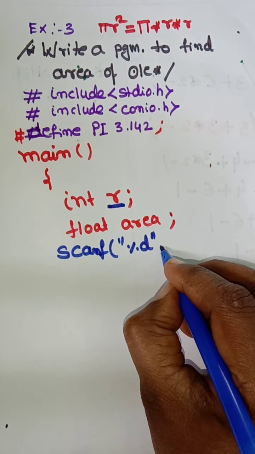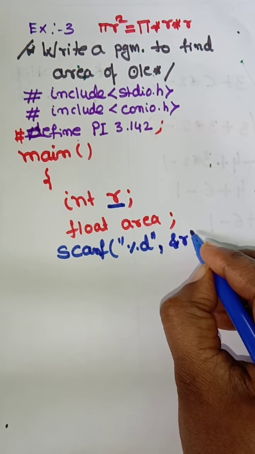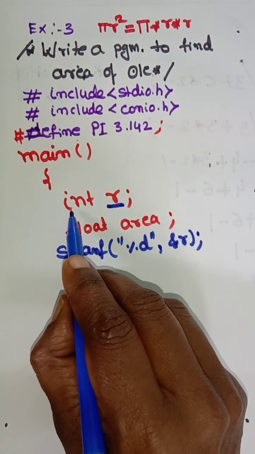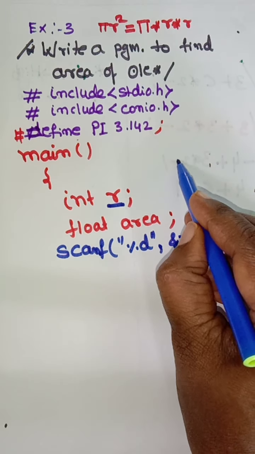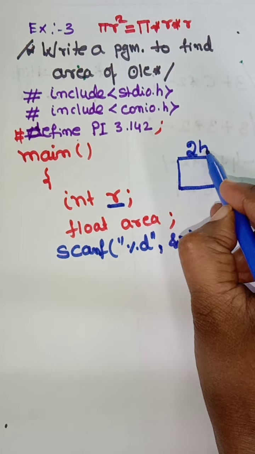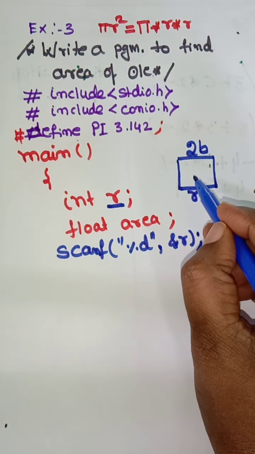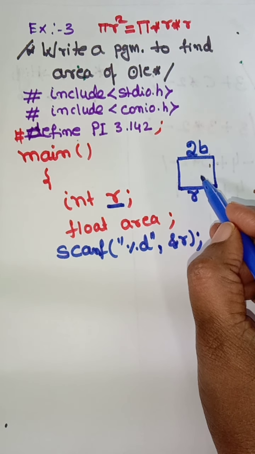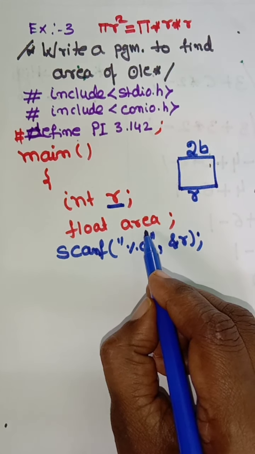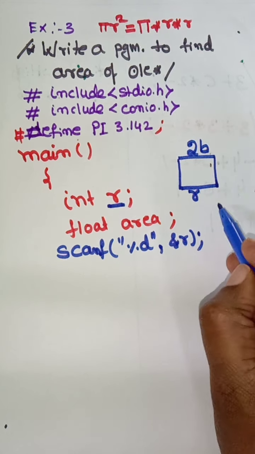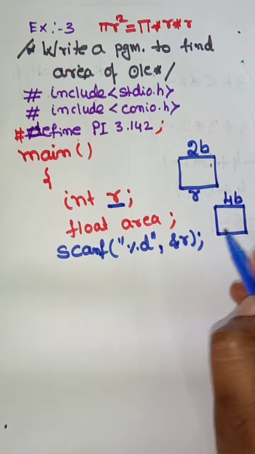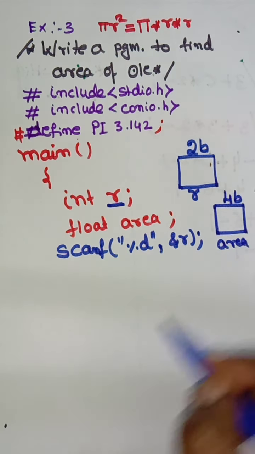Because r is of the type int. Next you should take the ampersand r. As I have already told, if we have declared int r, then 2 bytes for r are reserved in the memory. Similarly, if we have declared the float, then for the float, 4 bytes are reserved. Sorry, for the area.